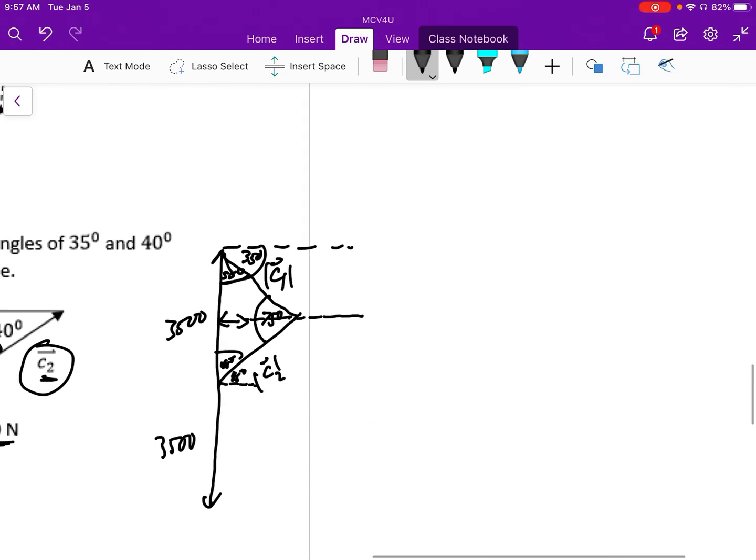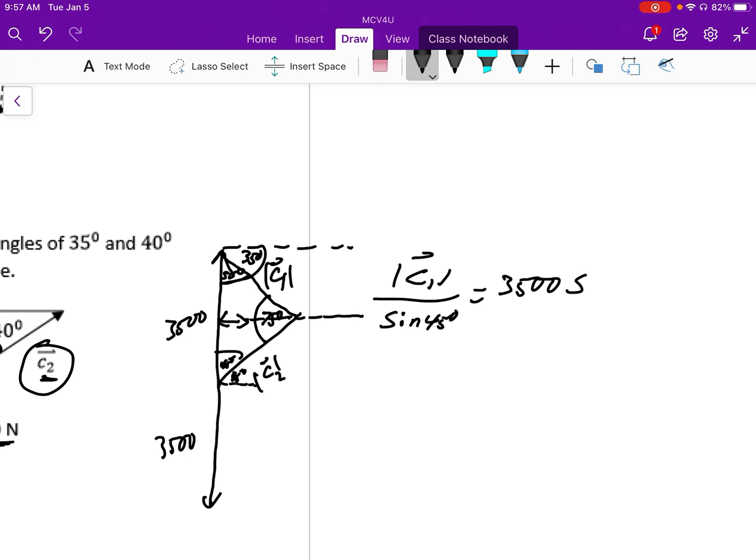If we take a look at this as doing the sine law, right? Can we just say that the magnitude, the C1 magnitude, over the sine of 45 degrees is equal to 3500, I'm multiplying, divided by the sine of 75 degrees, right?